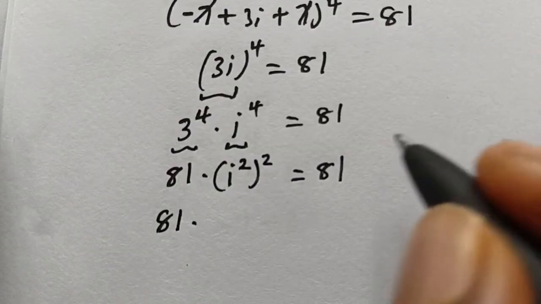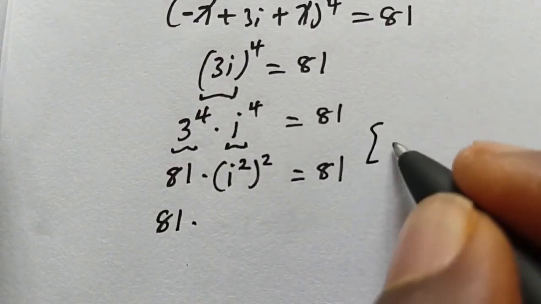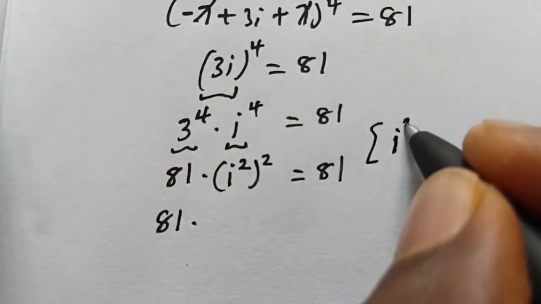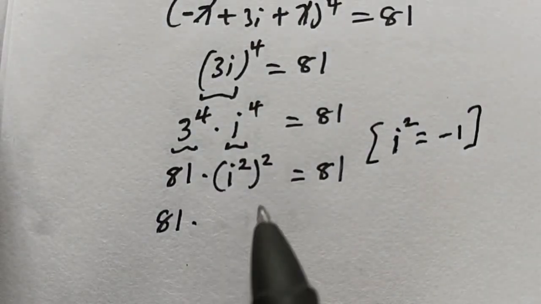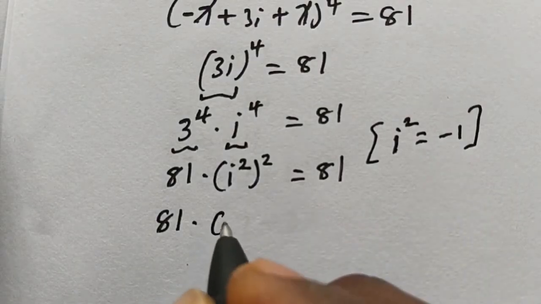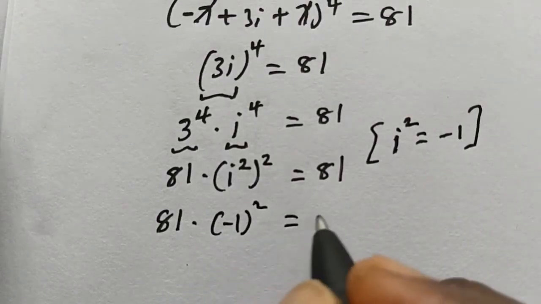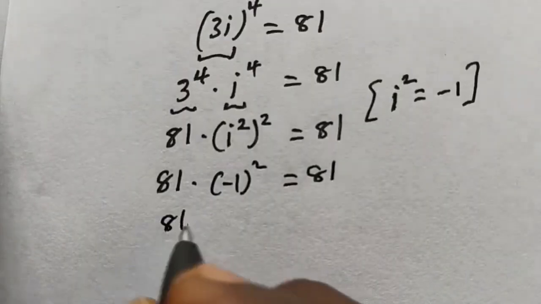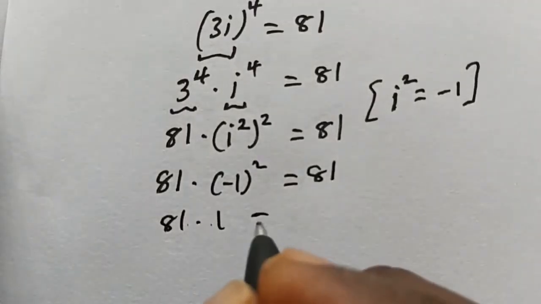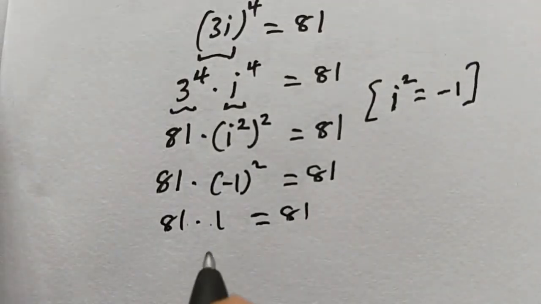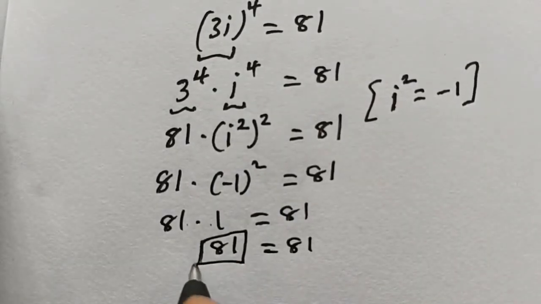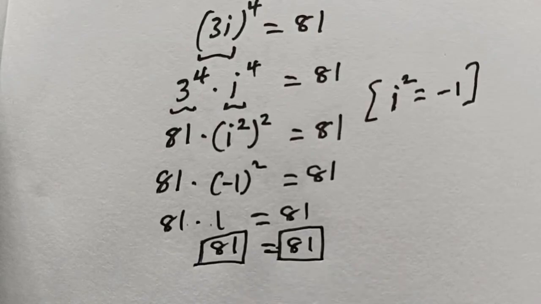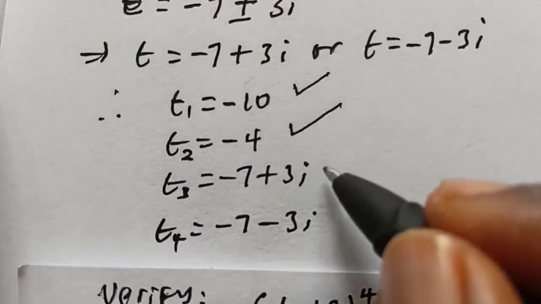Don't forget, from the complex number, i square is equal to minus 1. So in place of i square, we write minus 1. Minus 1 all square equal to 81. 81 times minus 1 all square, that is simply 1 equal to 81. 81 times 1, that is 81 equal to 81. The left hand side here also is equal to the right hand side. That means the third answer that we have is also correct.